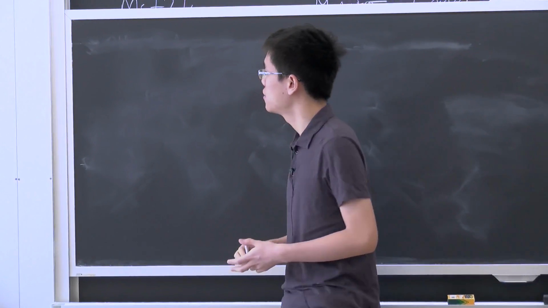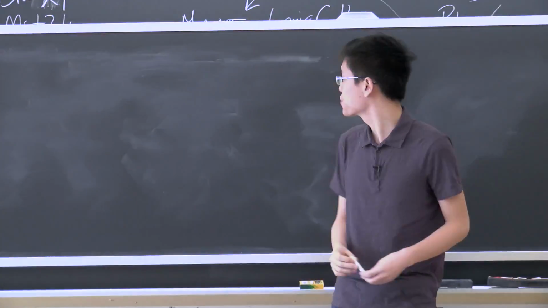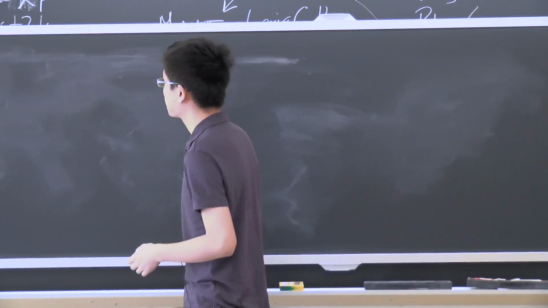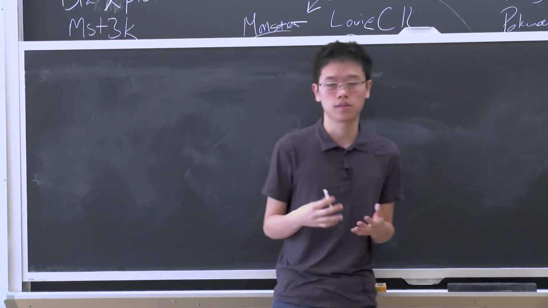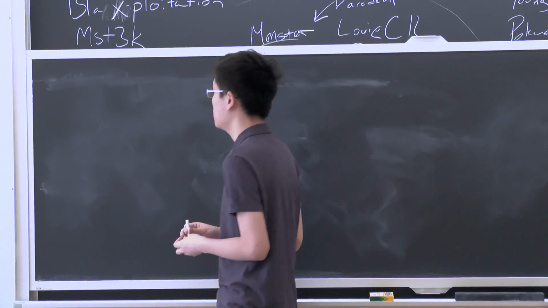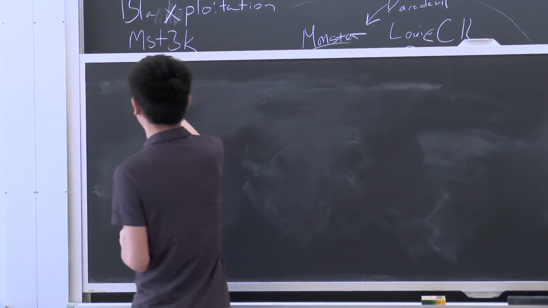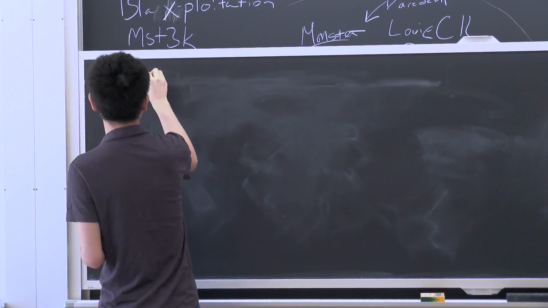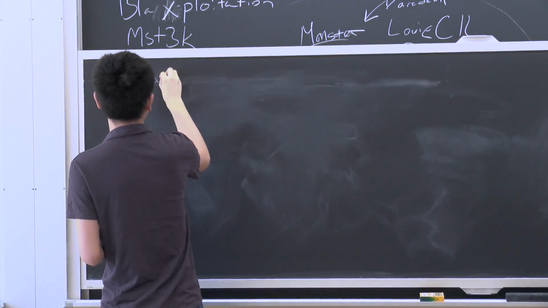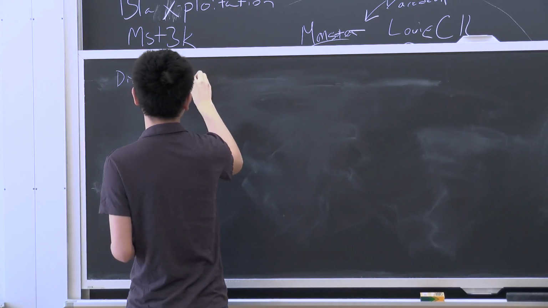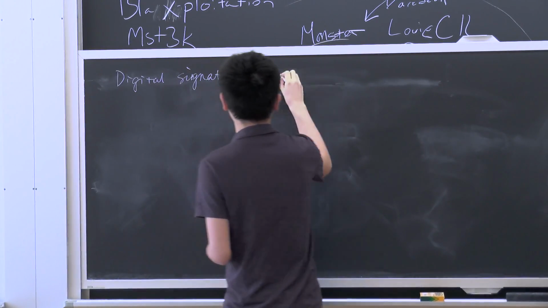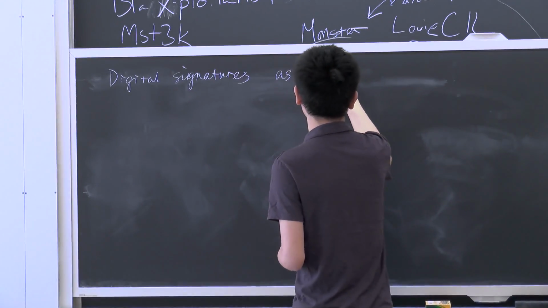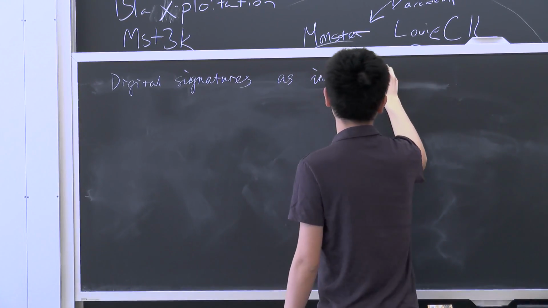Now, how can we get digital signatures? In the early days, researchers, great computer scientists, proposed that a digital signature can be implemented as the inverse of public key encryption.